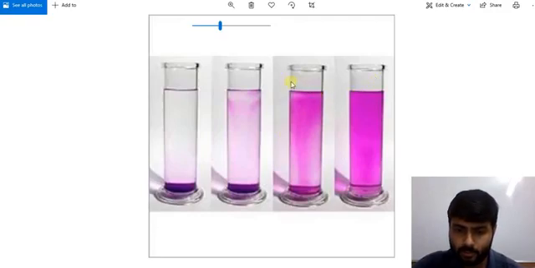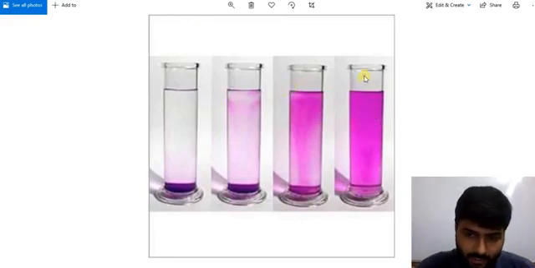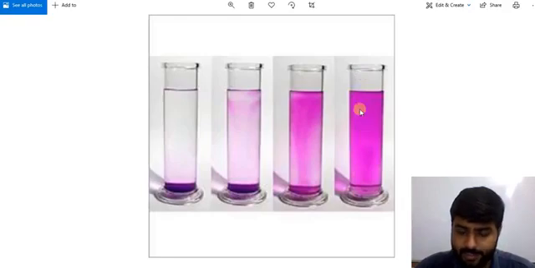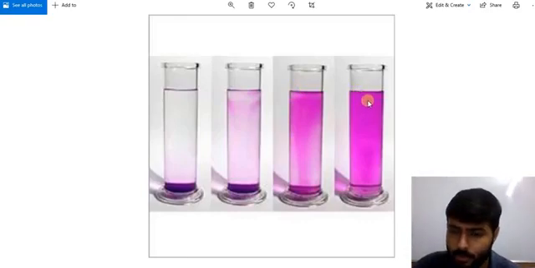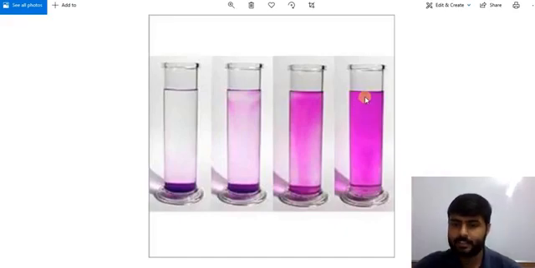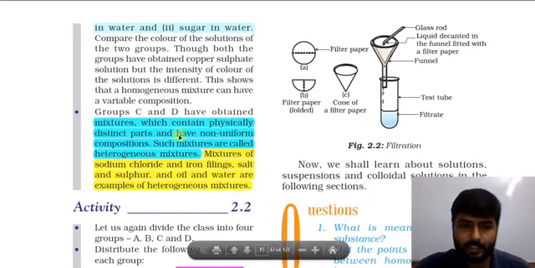We are not concerned with color here, but you can see in the first figure there is more intensity of color compared to the second. If we put more copper sulfate, it has a bright, darker color, more intensity. With less, we have less intensity.